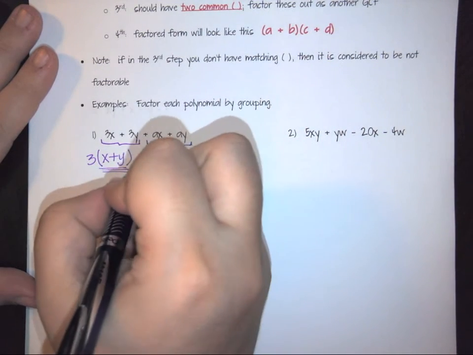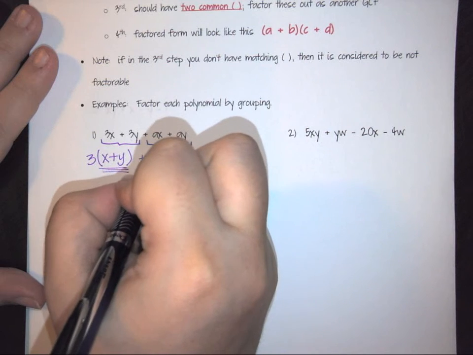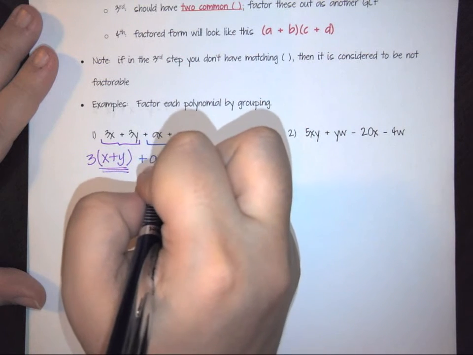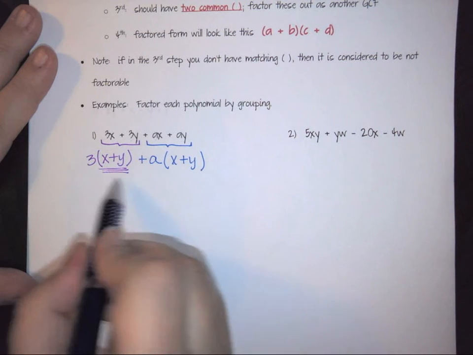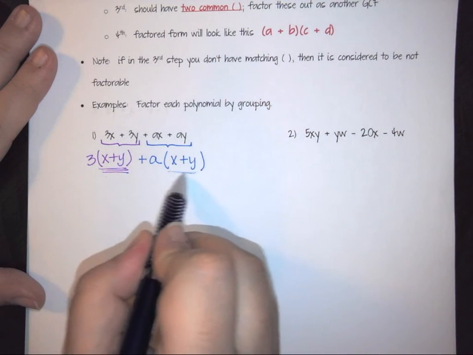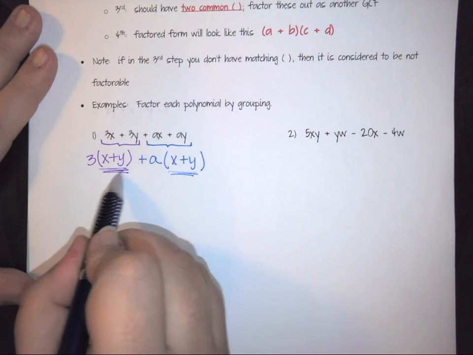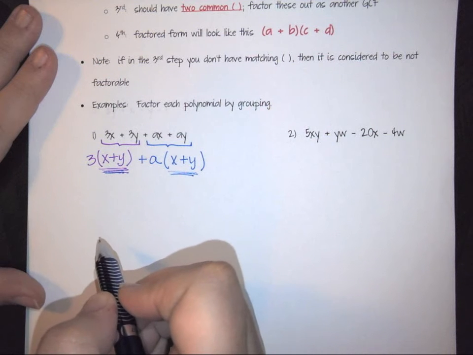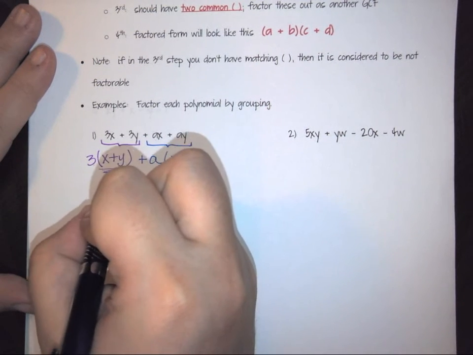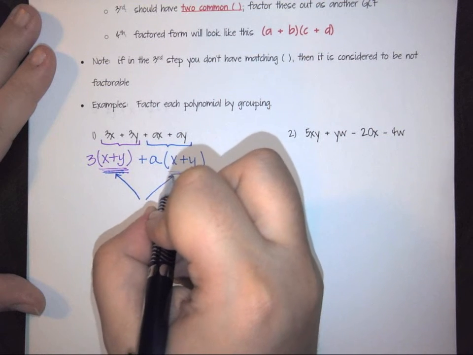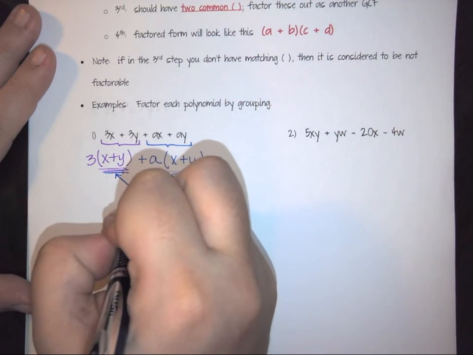Since I'm pulling it out as a positive, this is going to be plus a, and then what gets left behind is x plus y. Now again, what you should notice is that I have the x plus y and I have the x plus y.